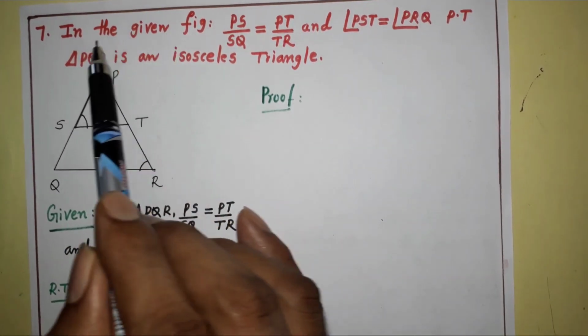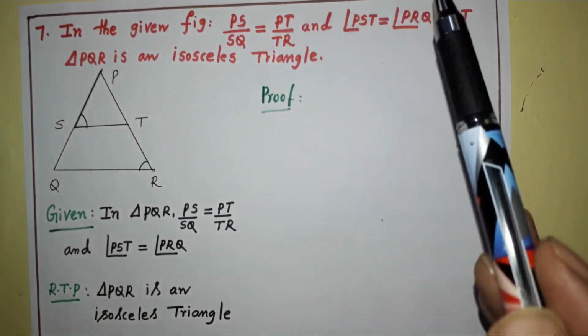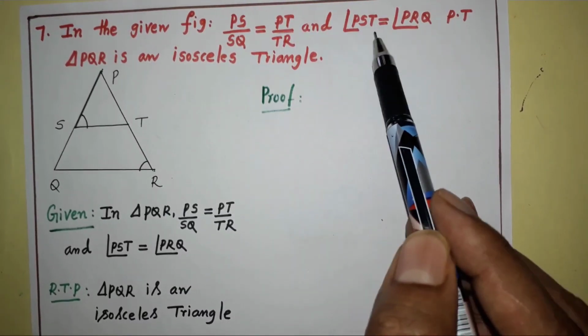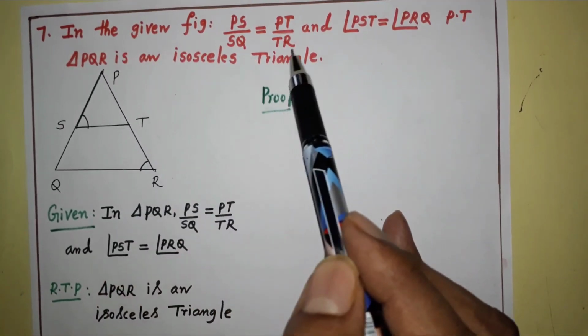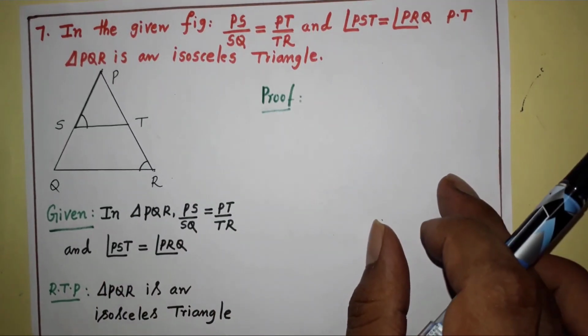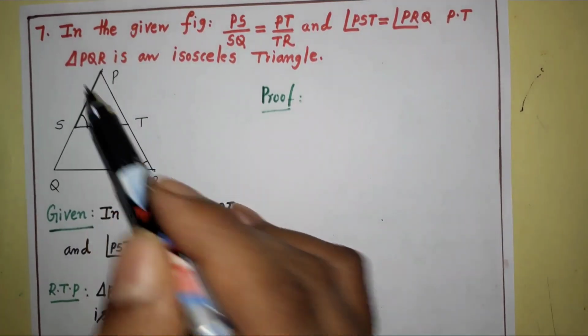In the given figure, if PS by SQ is equal to PT by TR and angle PST is equal to angle PRQ, prove that triangle PQR is an isosceles triangle. See once, this is triangle PQR.